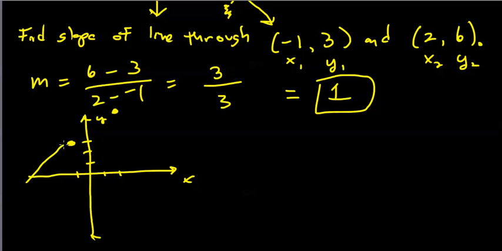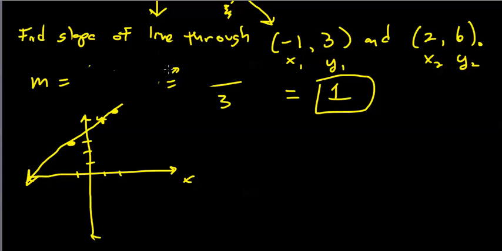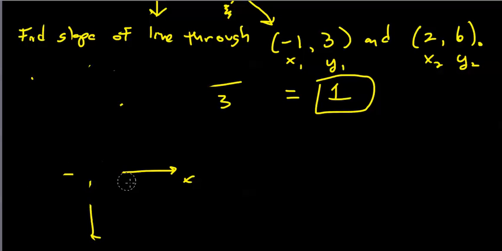If I connect these points, and forgive me, I'm a little crowded here. Let me erase this. Actually, I'm going to erase it all. The slope here is 1. You get a better graph of these points. Just give me a second.